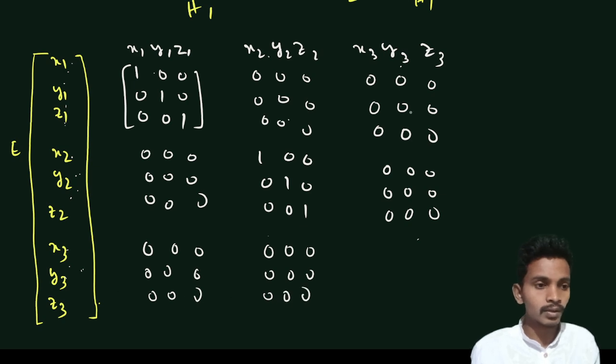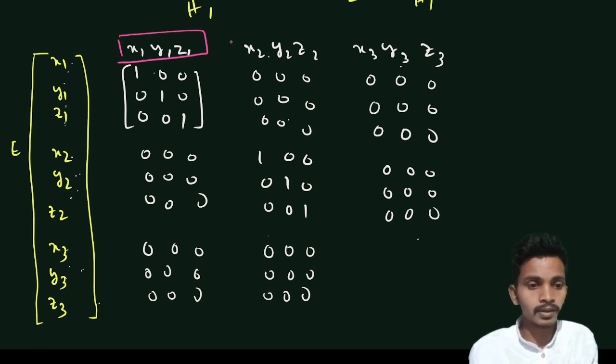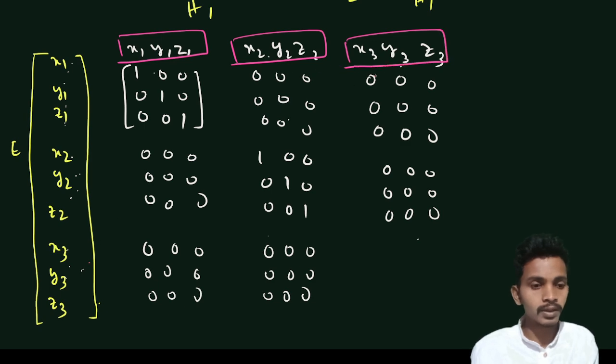Whatever value is present here, only that value will come here. This value is not here, this value is only here, that's why the value has come only here. So you may understand that.